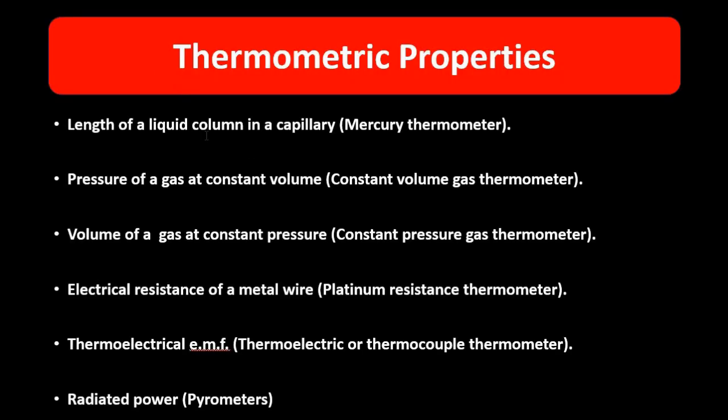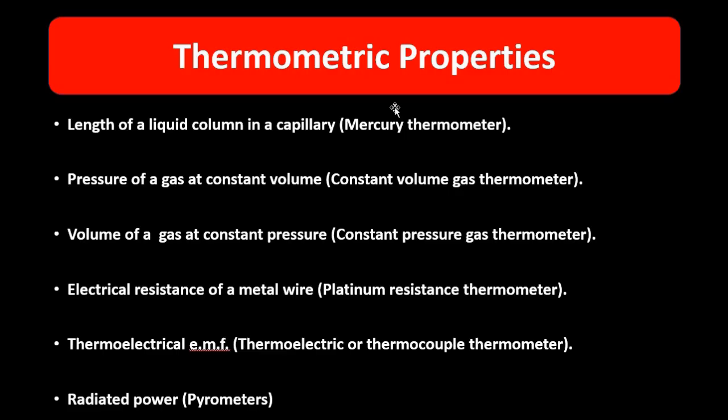There are different types of thermometric properties which we have discussed in sensors and transducers. If you are an engineering student, you can watch the sensors and transducers playlist, which deals with this, so you will understand it in a better way. Here I will not go into detail with all that.